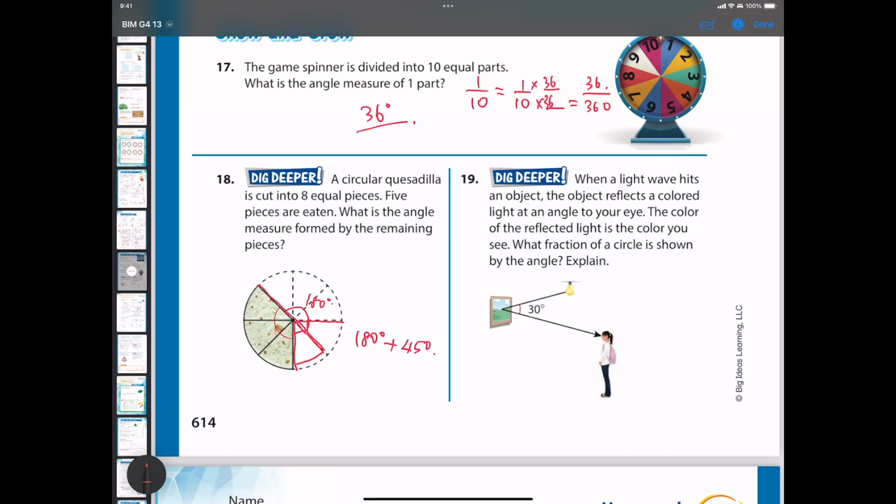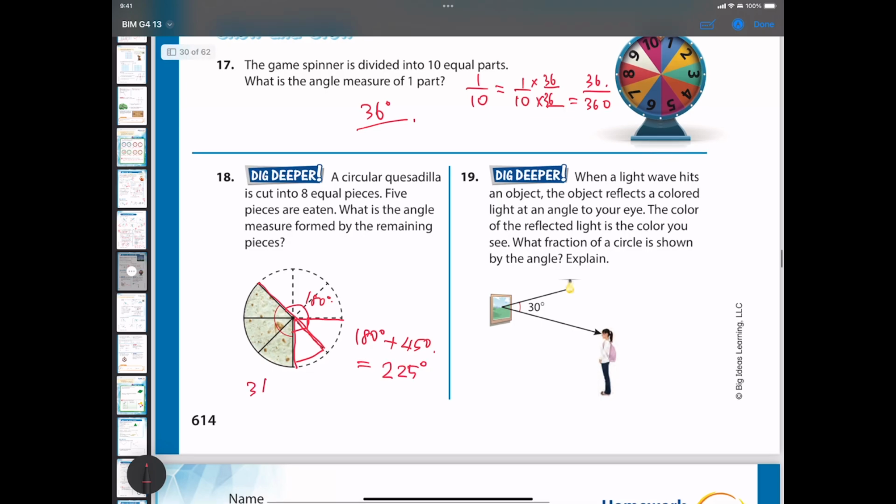Okay, now what is the angle measure formed by the remaining pieces? Which means what? When you add this together, it's going to be 225 degrees, right? Take away 225 from 360. Okay, becomes 10, take away 5 is 5, 3, 1.